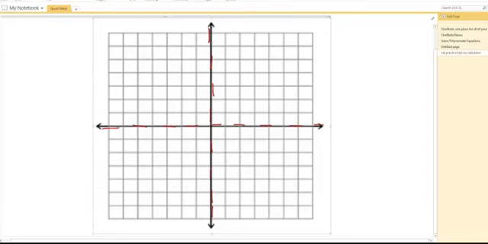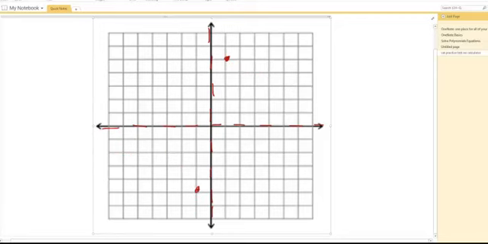So we have 1, 2, 3, 4, 5 here. And then when x is negative 1, we'll get negative 5. So 1, 2, 3, 4, 5. And so I can kind of take a guess of how this would look, just like this. And again, it does not have to be perfect, but we expect to have something like that.